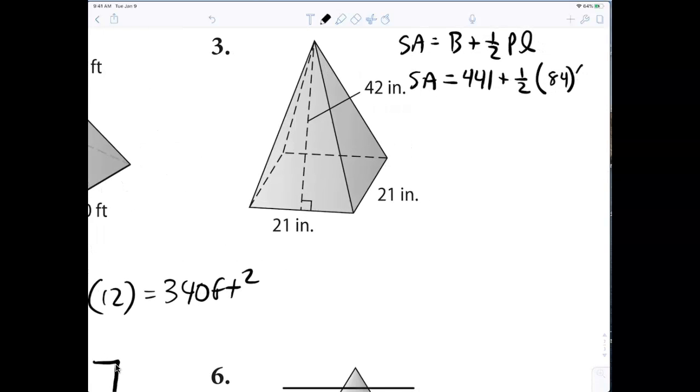And then, beautiful. And so now tell me what the surface area is. 2,205. Did anybody else get that? Everybody good?